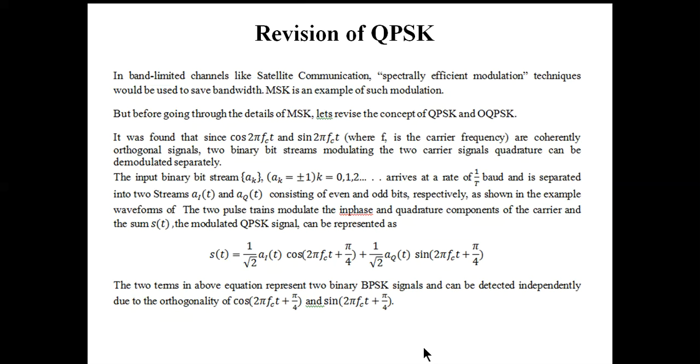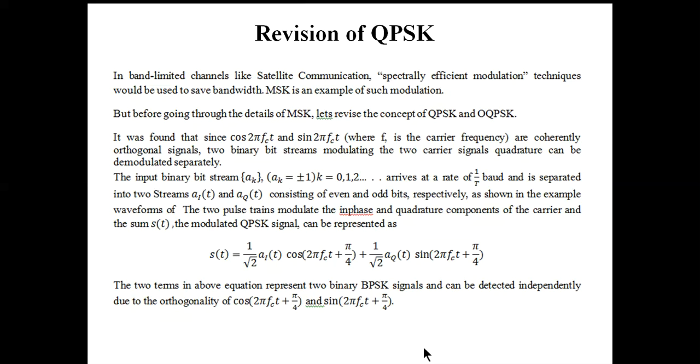Now let's consider a binary stream a_k, where a_k can take plus or minus 1 if we consider polar NRZ line coding. So the value of a_k can be either plus 1 for 1 and minus 1 for 0, where k can take 0, 1, 2, etc., depending on the number of bits.